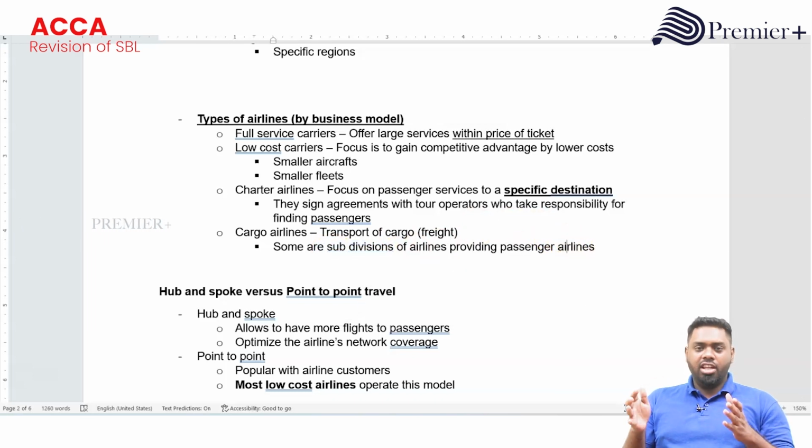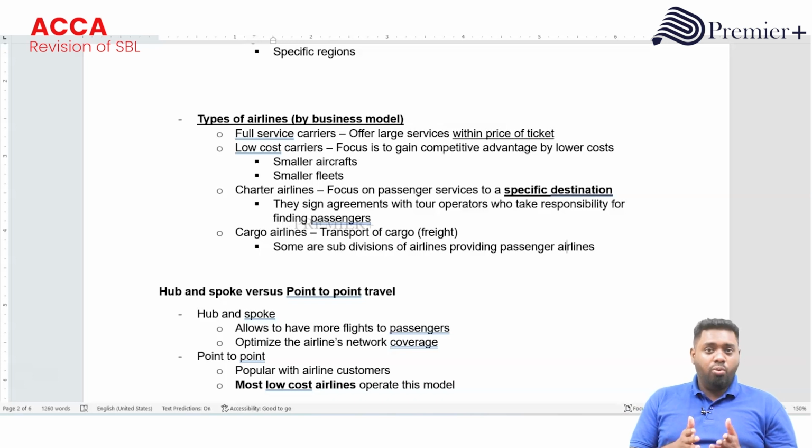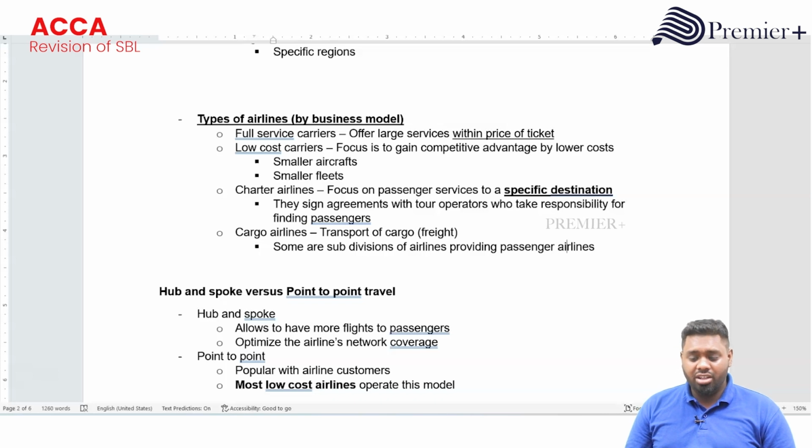So we have an airline that provides passenger airline services, and the cargo airline will be a subdivision. When some of the passengers have a lot of cargo, that is facilitated through the cargo airlines. So there can be a sort of synergy, which is why in many instances cargo airlines are also related to passenger airlines as a subdivision.